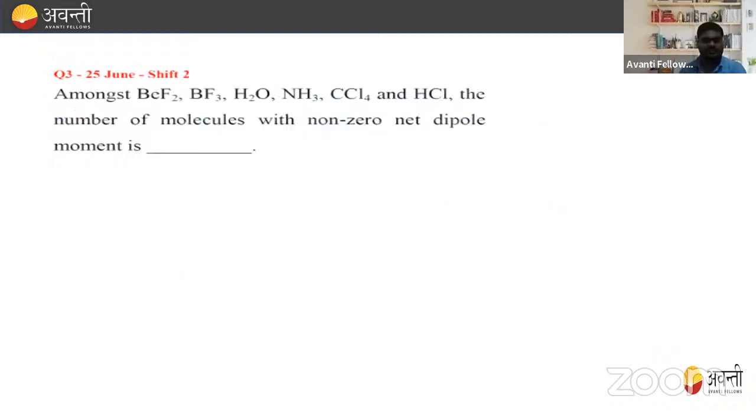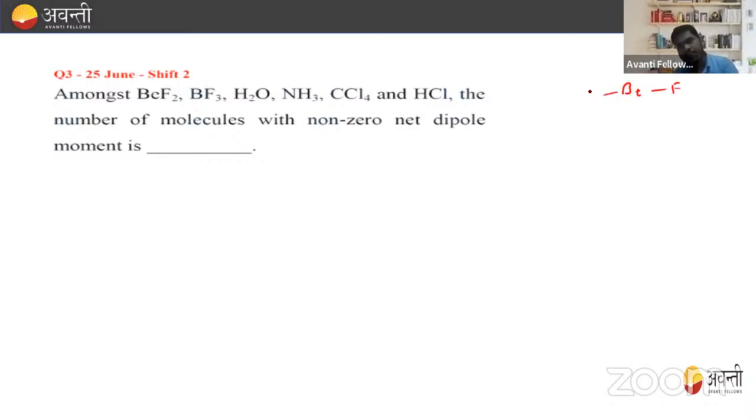Next, move to the next question. Among the following, that is BeF2, BF3, H2, NH3, CCl4 and HCl, find the number of molecules with a non-zero net dipole moment. We know that a molecule having a linear shape has zero dipole moment, so try to find the molecules that are linear.